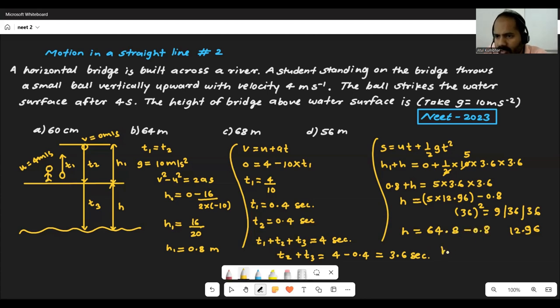So obviously you will get h as 64.8 minus 0.8, it will be 64.